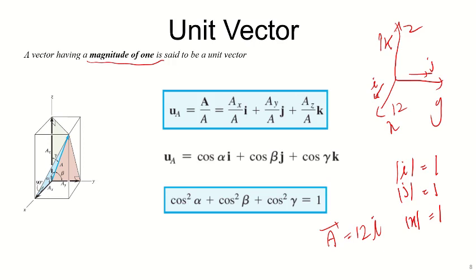But say that we have a vector in this direction, then we cannot express this vector using just unit vector i only, or j only, or k only, right?